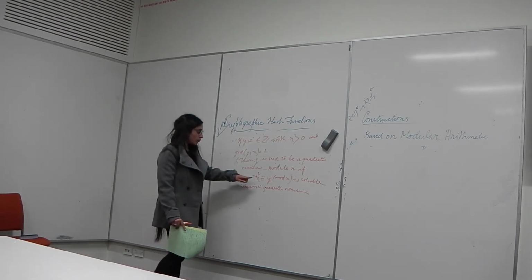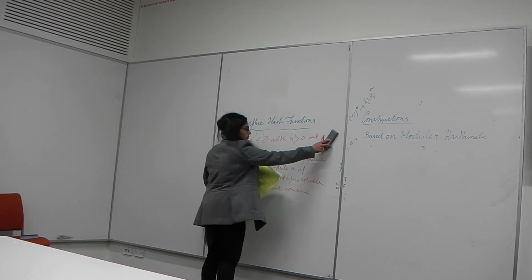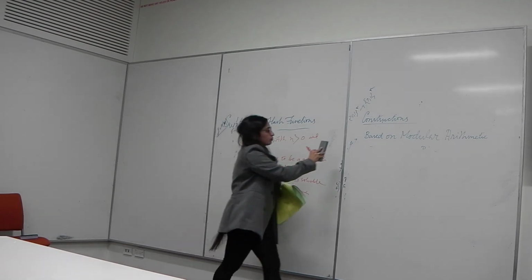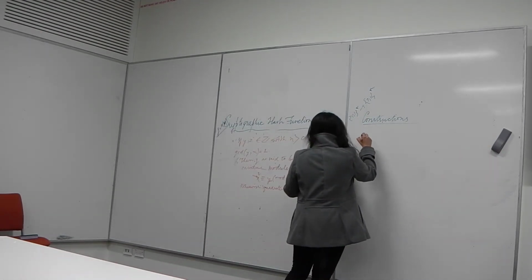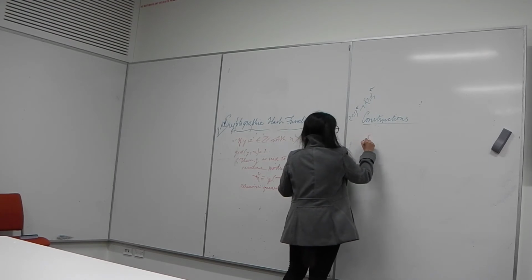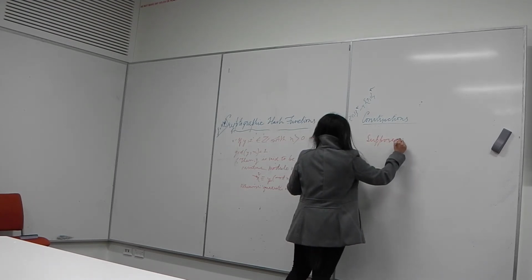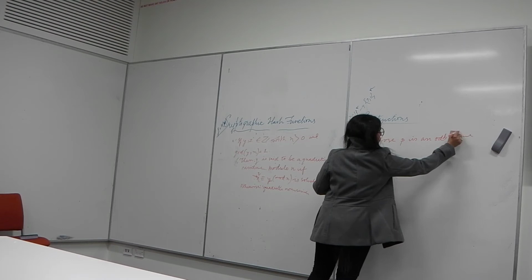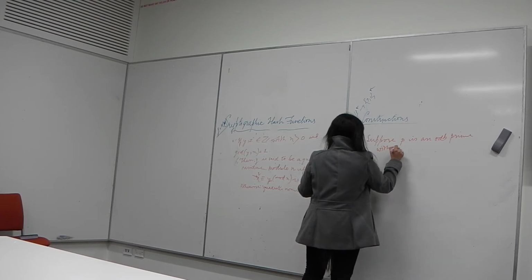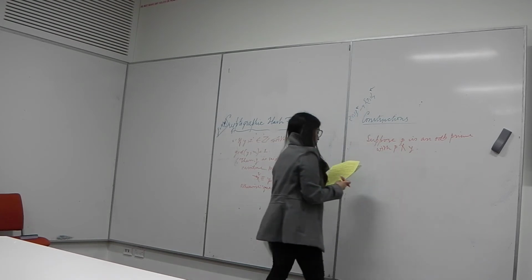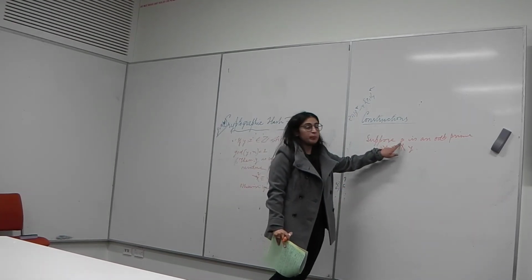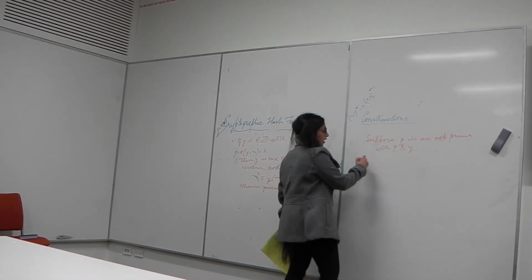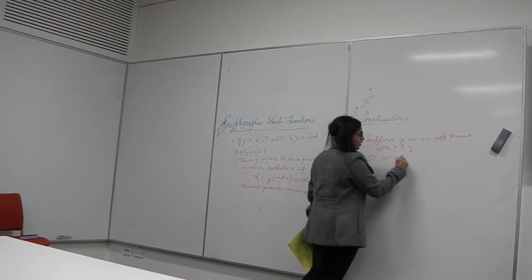If P is an odd prime where P doesn't divide Y, then it should have either 0 solutions or exactly 2 solutions.